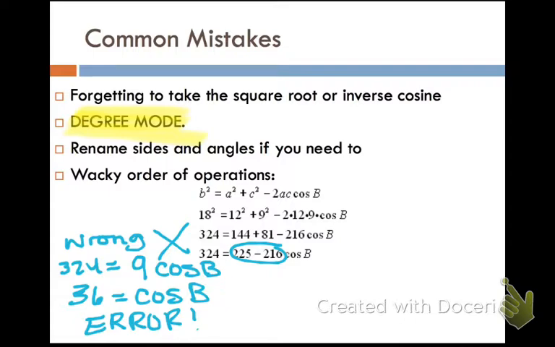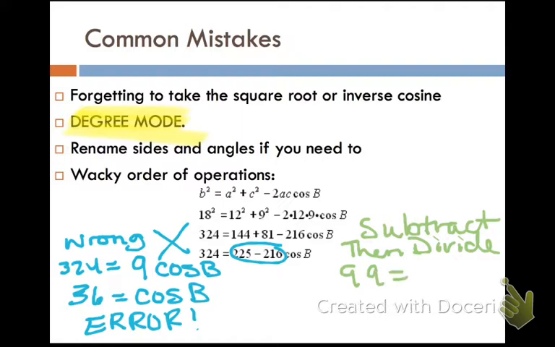So the correct version of what we want to do is subtract before we divide. So you want to do 324 minus 225 and get 99. Sorry, that's kind of sloppy. And it's okay that that's negative.